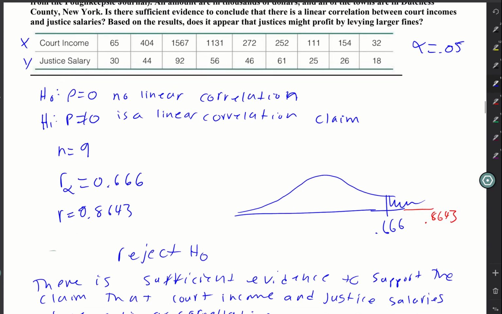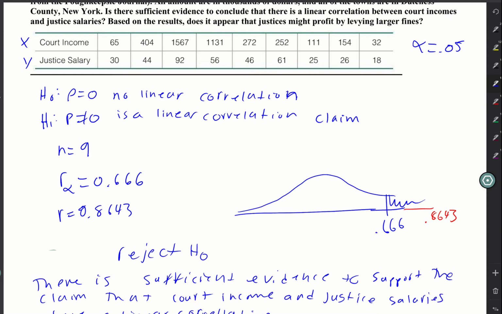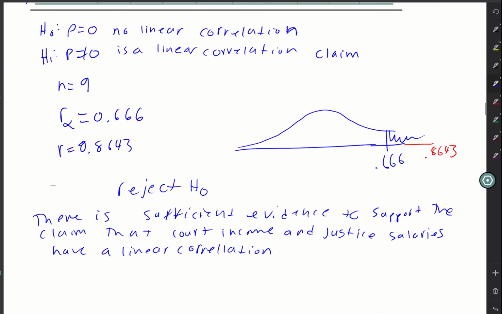So what do we think? If it does have a linear correlation, the other question here was, based on this, do the justice profit from levying larger fines? Yeah, they do.